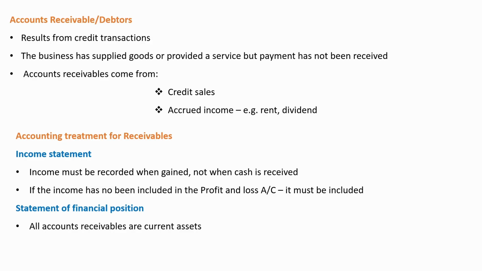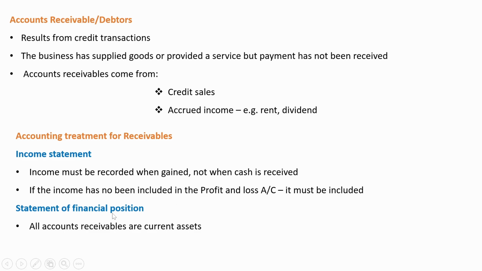When you are preparing the income statement, it does not matter whether you have received the cash or not. You are going to include that income as if you have received it. So if the income has not been included in the profit and loss account, it must be included.